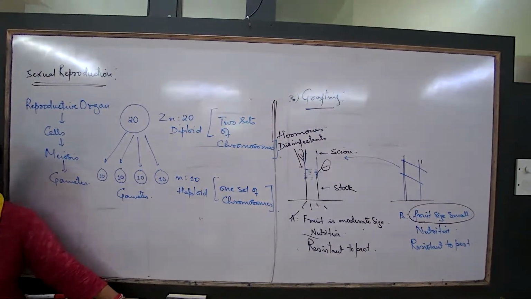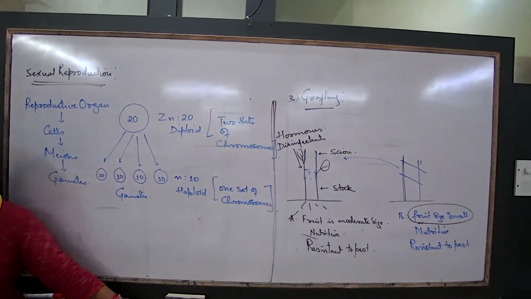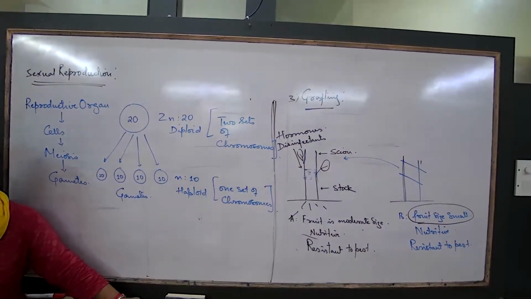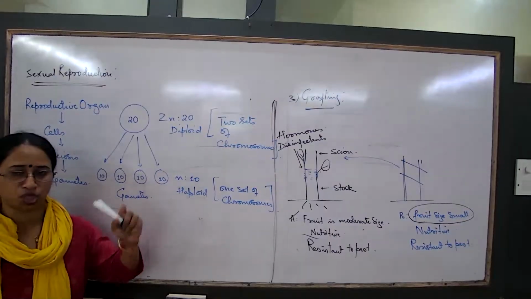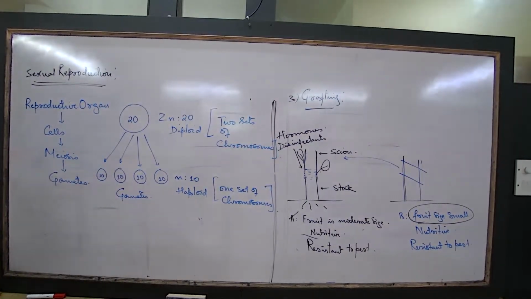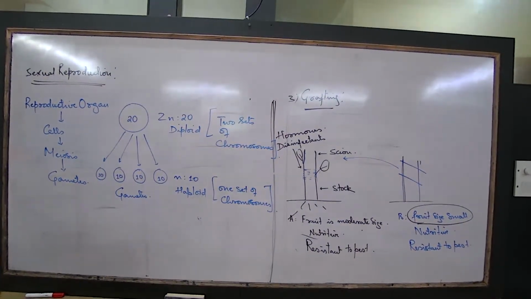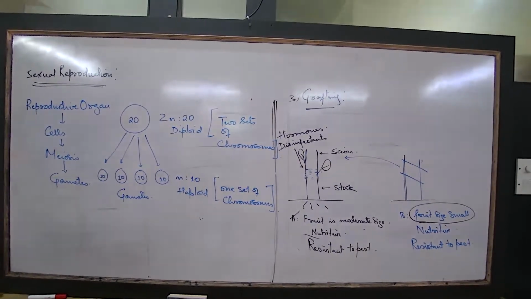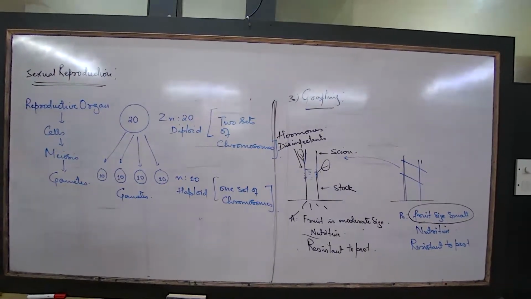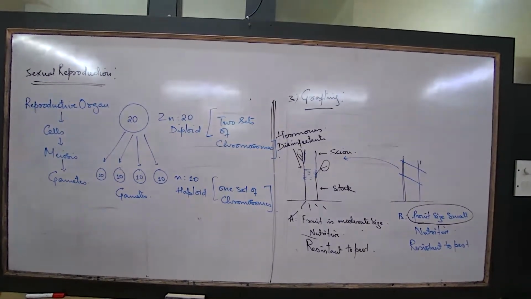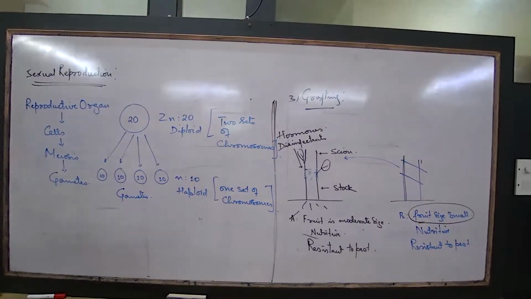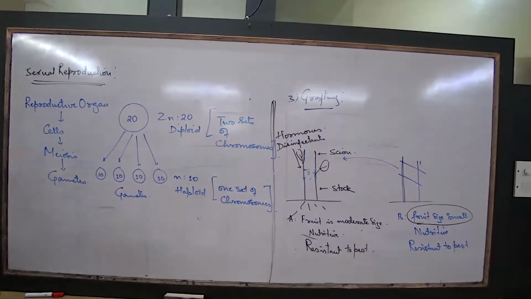What was the concept of DNA duplication we studied? What happens in DNA duplication? DNA copying we studied, no? At the start of the chapter, that was the first topic we studied. DNA duplication means one DNA is getting copied to form another DNA. One chromosome is getting copied to form another chromosome.